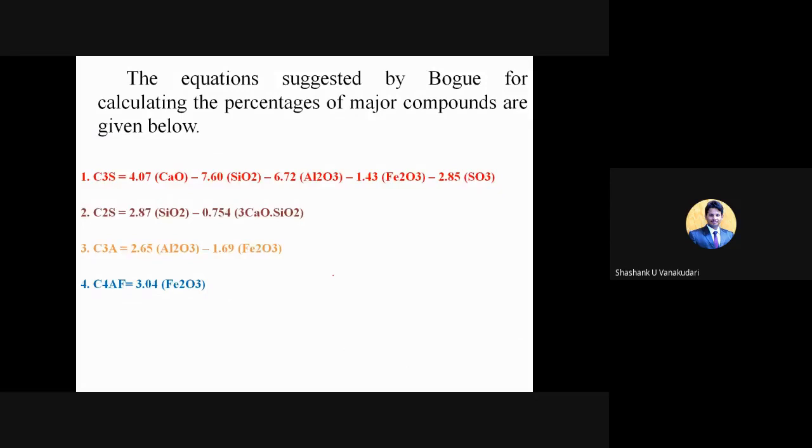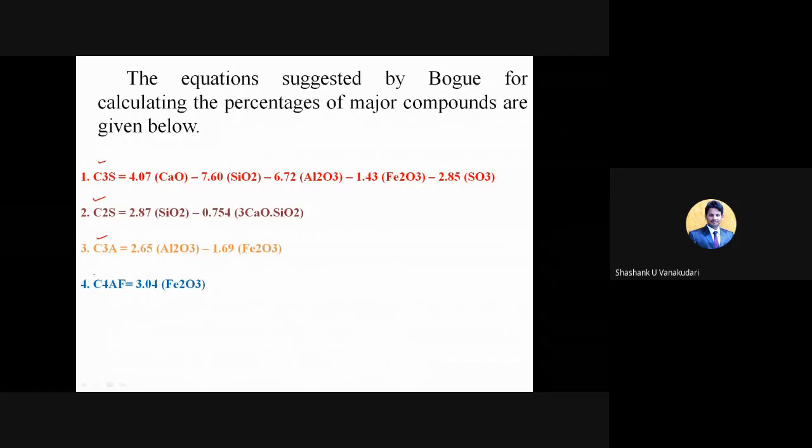So here you can see the different equations which are suggested by RH Bogue for calculating the percentages of major compounds which are given below. So you need to check how much percentage of this tricalcium silicate is there, how much percentage of this dicalcium silicate is there, and how much percentage of this tricalcium aluminate is there.